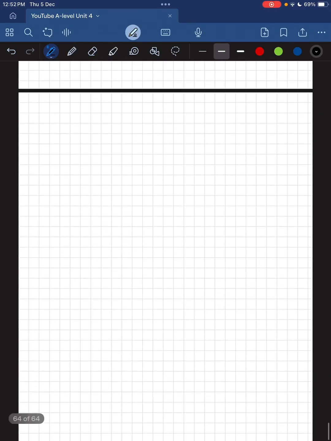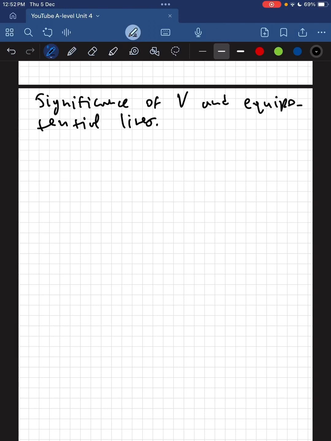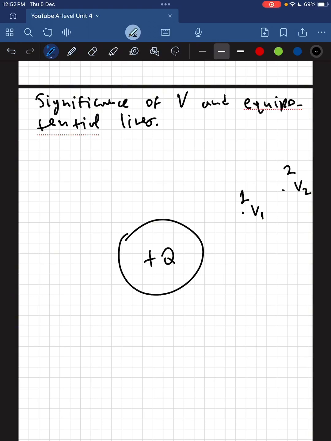So let me start a clean page. Significance of V and equipotential lines. So if I have a charge plus Q, then if I have my positive test charge at position 1 and at position 2, it will have a potential V1 here and a potential V2 there.